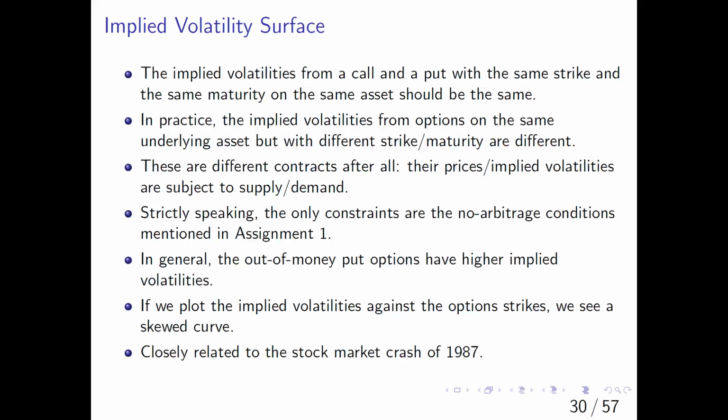In practice, the implied volatilities from options on the same underlying asset, but with different strike and different maturity, are different. You may ask why. This is not easy to understand, because they are on the same underlying asset, but they have different maturity and different strike.